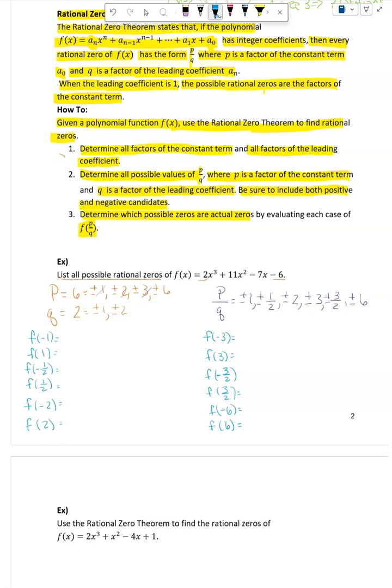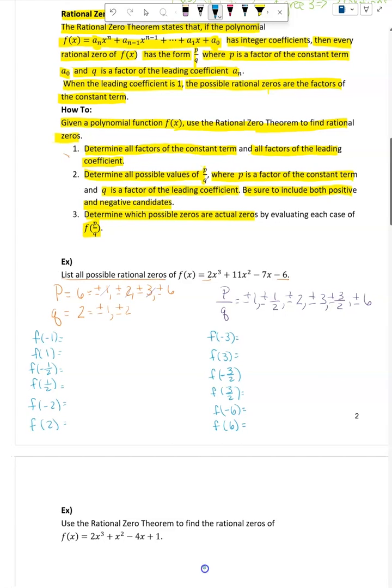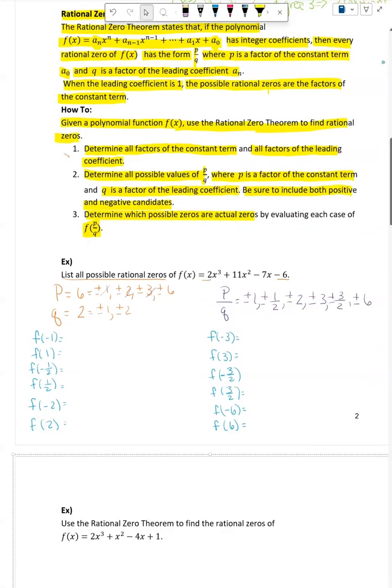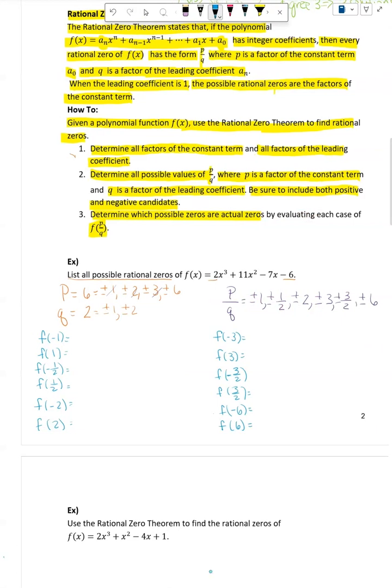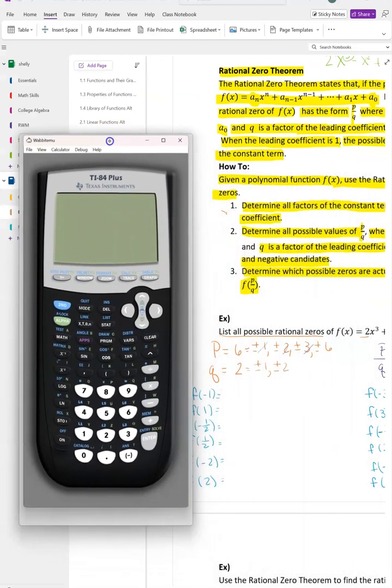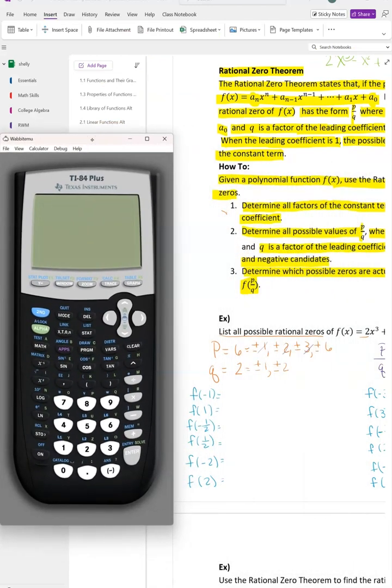Okay. So you could plug all these in and do them by hand, or you could do it by calculator. I'm going to see if I can get my calculator up, hopefully. Sometimes this works. Okay, so I'm going to have to leave this small.